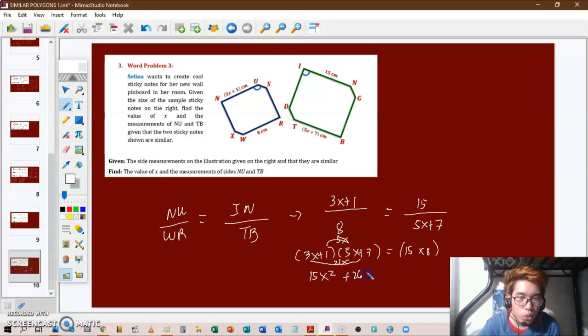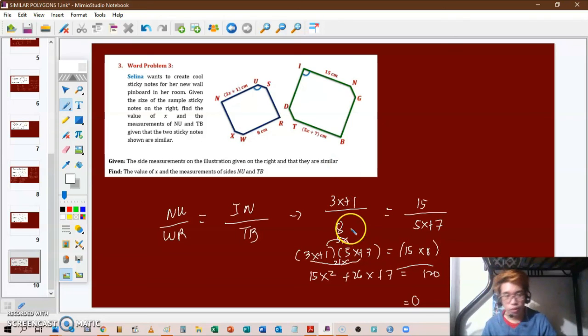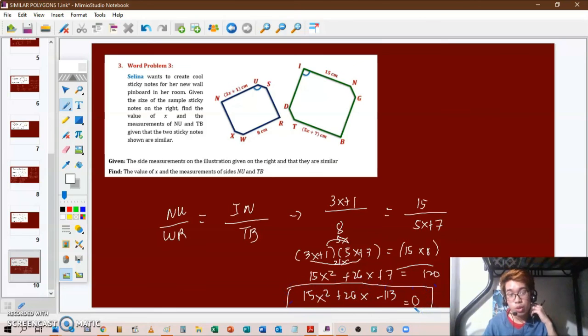That's going to give you 26x plus 7 is equal to 15 times 8, so that's equal to 120. So if we transpose 120 to the other side, 7 minus 120 will give you negative 113. And from here, guys, you can use your calculators or any online calculator to solve for the value of x, or you can also use the quadratic formula.